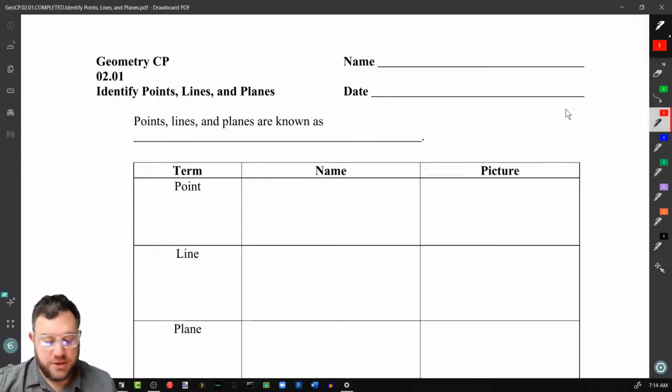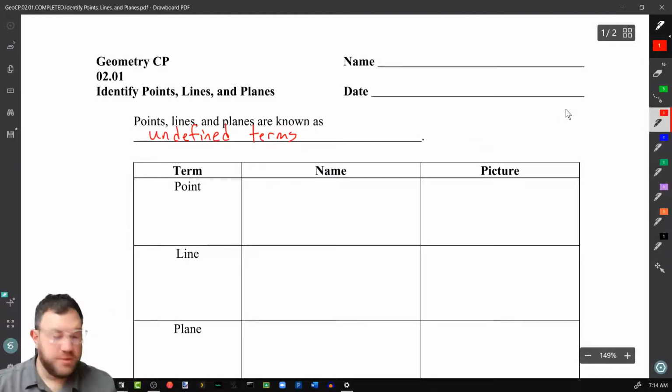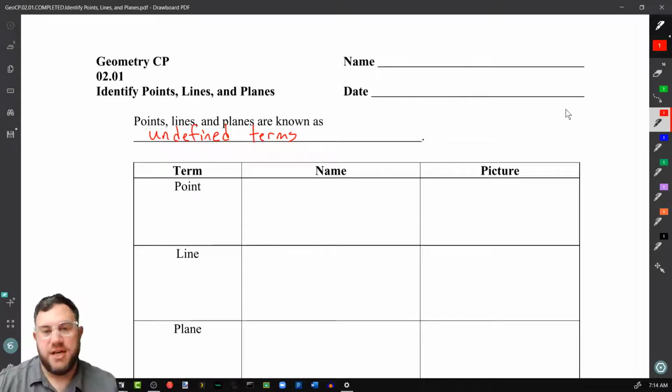Now, to start with, we need to define some terms. And the problem with that is, in geometry, there are three main terms: points, lines, and planes, but they're considered undefined terms. In algebra, you use these a little bit. You definitely use points and lines.